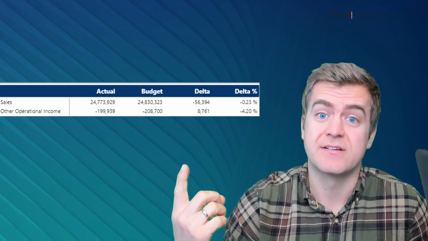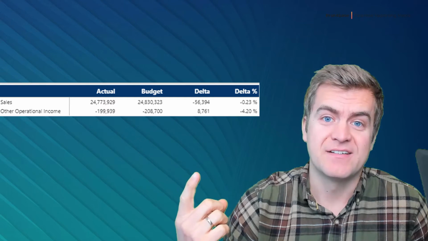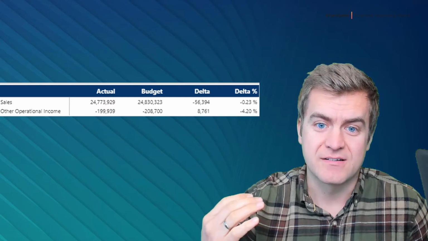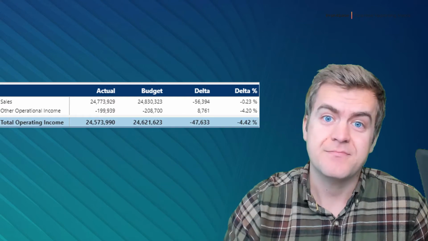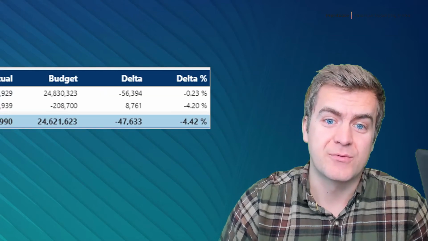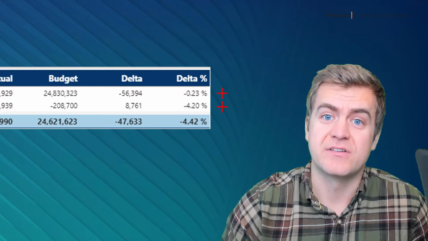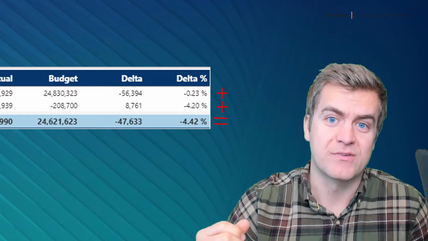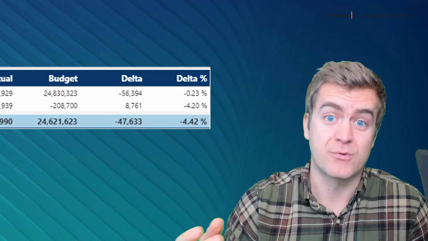Hi, we have a user who used our visual and added some measures, and the last one was a percentage measure like this, showing the delta as a percentage. Then he added a custom row like this, and as you can see, the custom row calculation on the delta percentage is now summing up the rows and giving him the wrong answer.